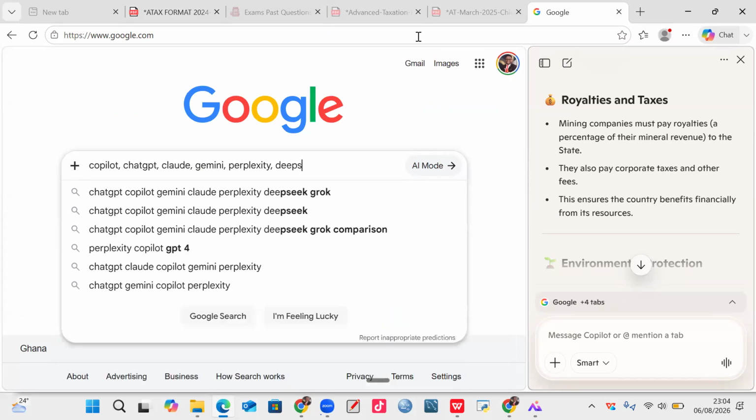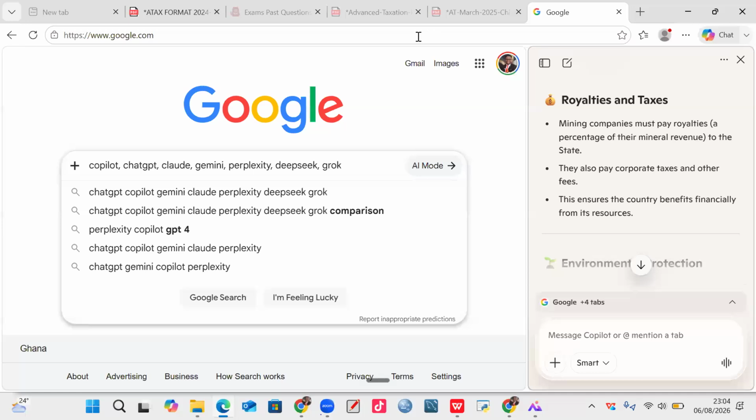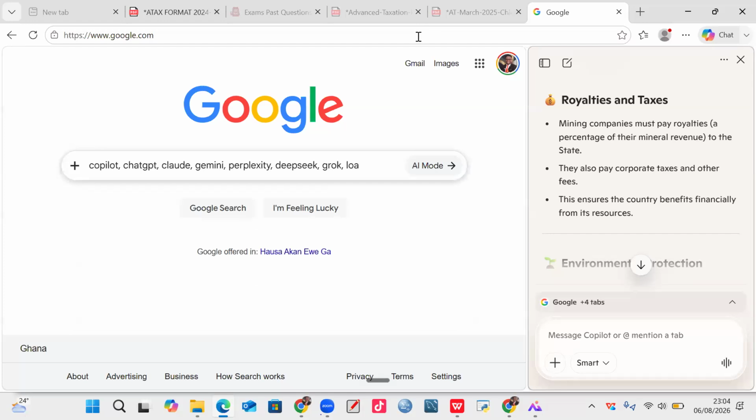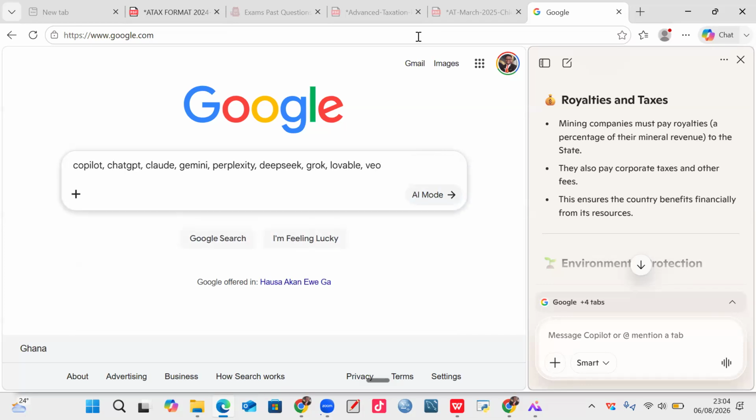DeepSeek, right? We have Grok. DeepSeek is a Chinese AI. Grok is for Elon Musk. There are so many AIs. Lovable AI. There's one for creating videos. There are so many of them. But those which are quite okay, we can use Copilot, Chat, or Gemini, any of them for your studies, and you'll be fine.